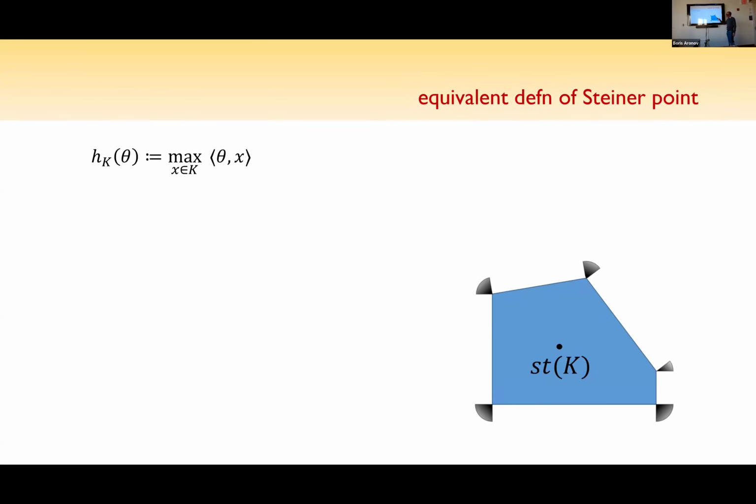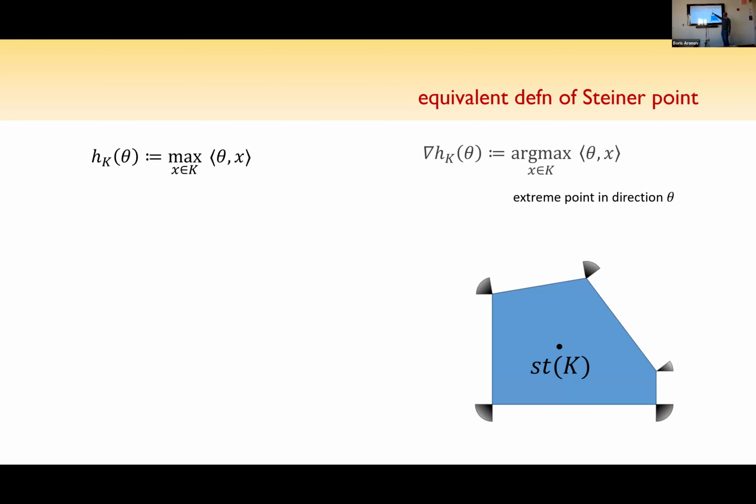And I'm going to define what people call the support function. Given a theta and a body k, this is the maximum value. It's just saying, theta is the objective function and k is the body. What is the maximum linear form over the body? So this is a scalar.